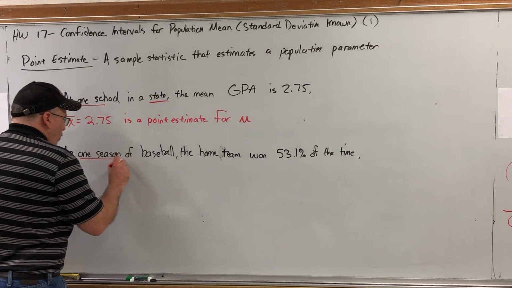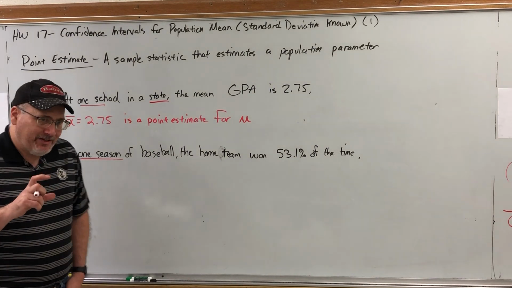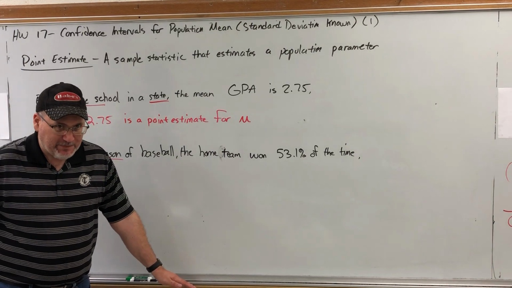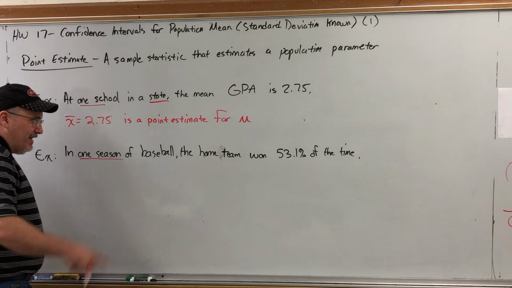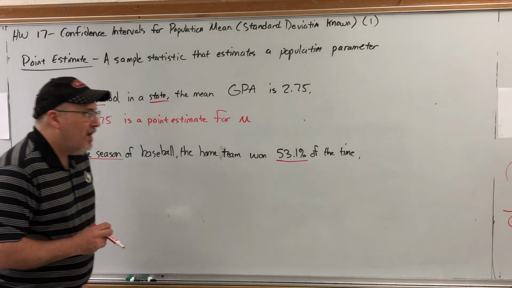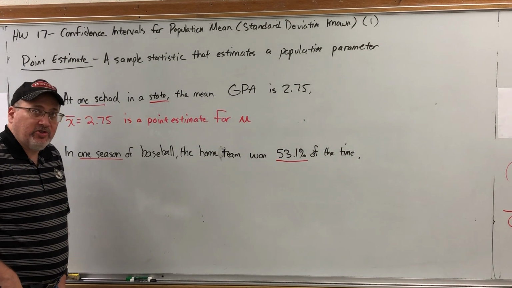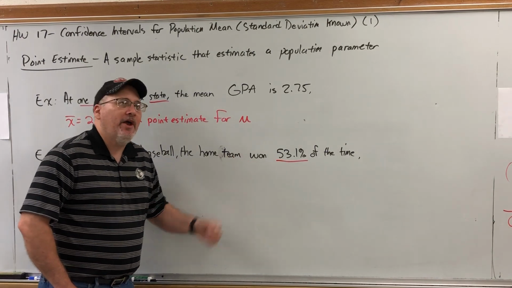But when we're talking about one season of baseball, we can look at that one season as a sample of all the seasons of baseball from its inception until this current day. And this 53.1% is measuring the percent of time that a particular characteristic took place. In other words, the percent of the time that a team won.